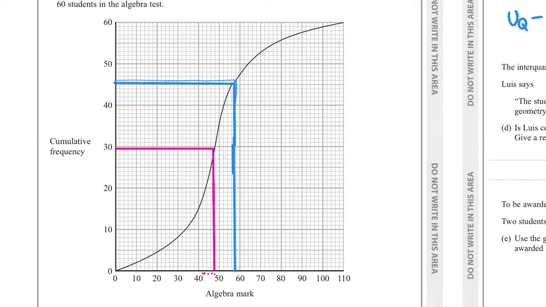So, and my upper quartile is across on 45 and then down. It's roughly here. What is that? 52, 4, 6, 56. So 56 minus, what's our lower quartile? 15. Oh, this is a nice easy one, isn't it?